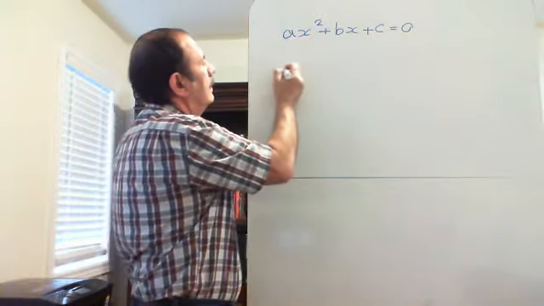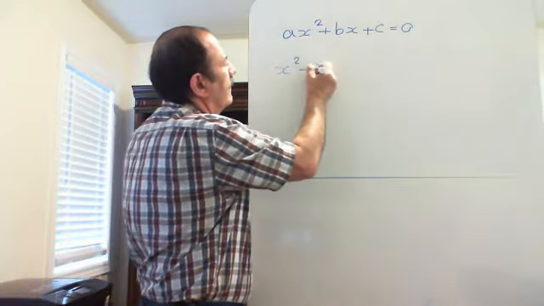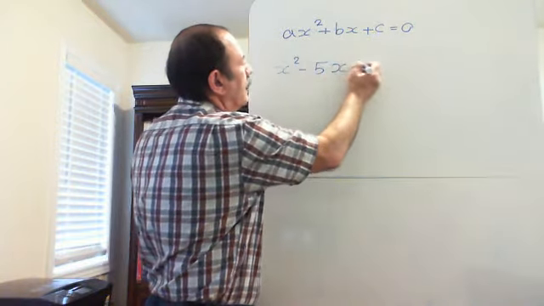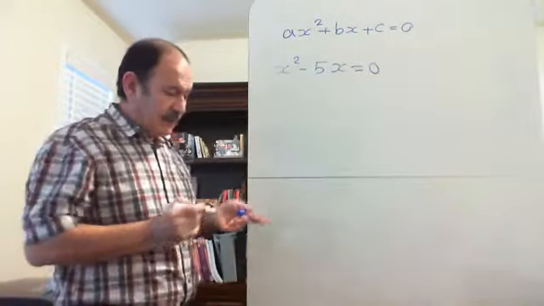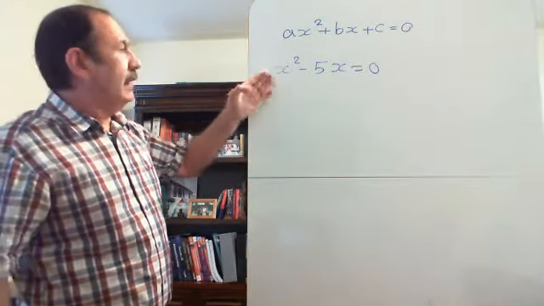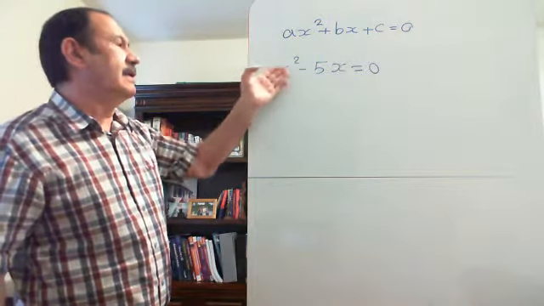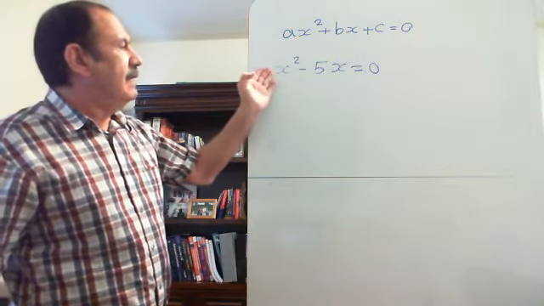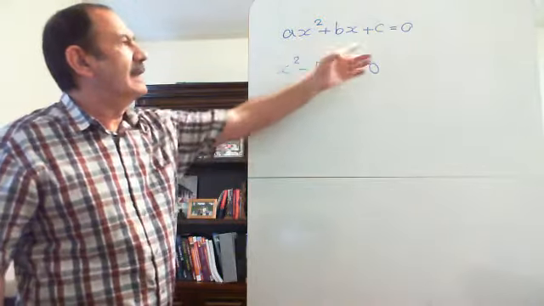X squared minus 5x is equal to 0. Again, this one is a quadratic equation. Remember, the only restriction is that a shouldn't be equal to 0, which is not 0 in this equation. A is 1, b is -5, and c is 0.